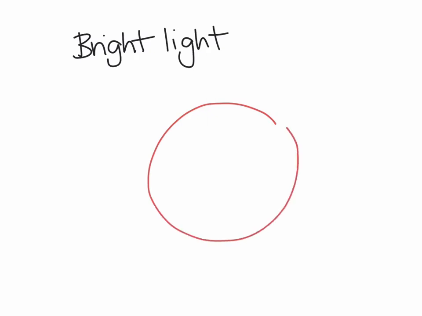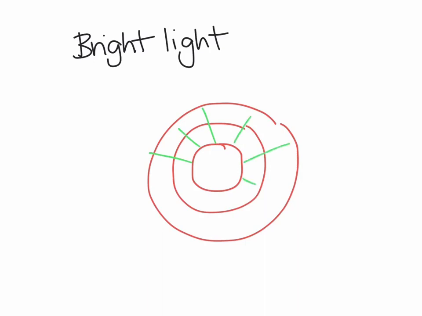So when you've got bright light, and there's a danger that too much light would get in and damage the rod cells and the cone cells, this time it's these muscles here that contract.